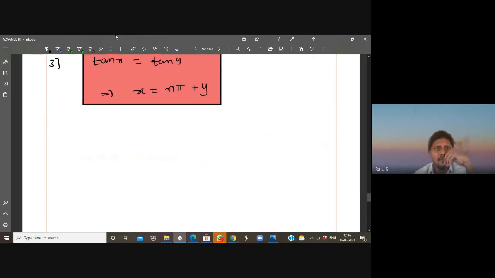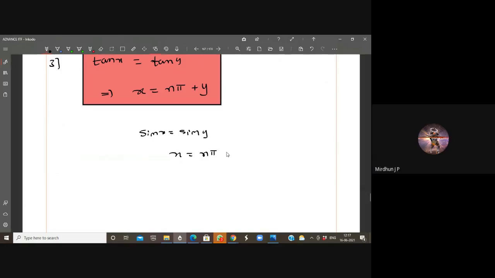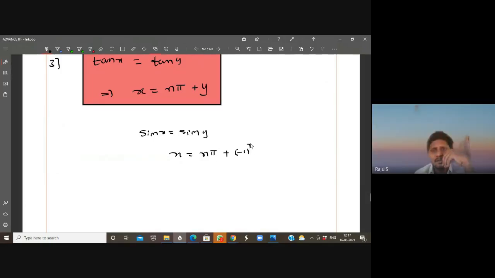So what is the general solution I have written for sin x? Sin x is equal to sin y, x is equal to n pi plus minus 1 whole power n into theta, that is nothing but y. You can take any solution.